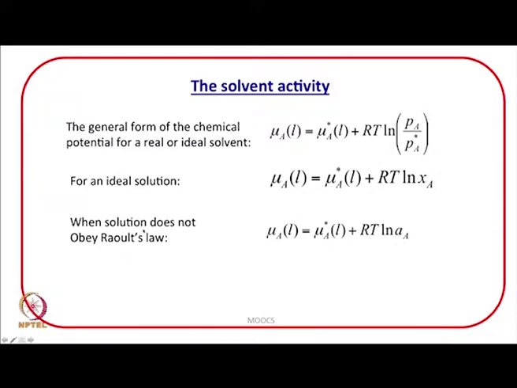So for a non-ideal solution, usually in books, A is written for solvent and B is written for solute. So for solvent, the chemical potential is mu A is equal to mu A star for the liquid plus RT log activity of A. This activity, we can call the effective mole fraction.